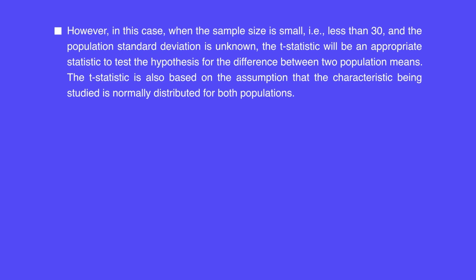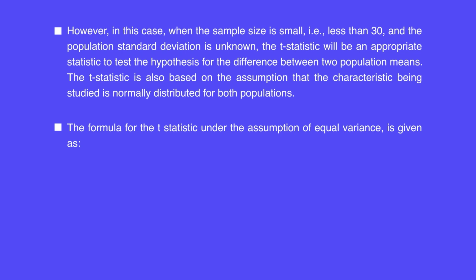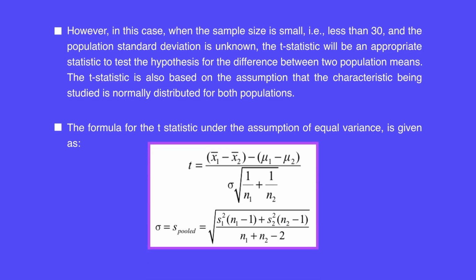The T statistics is also based on the assumption that the characteristic being studied is normally distributed for both populations. The formula for T statistics under the assumption of equal variance is given as T is equal to (x1 bar minus x2 bar) minus (mu1 minus mu2) divided by sigma times the square root of 1 by n1 plus 1 by n2.